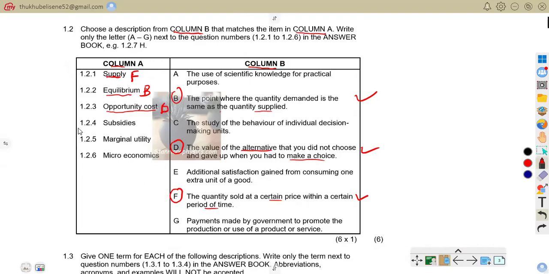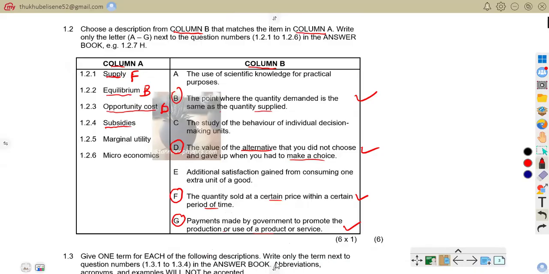Let us be on to 1.24, where now we are going to talk about subsidies, and check which description matches subsidy. You can see G matches subsidies. It says payments made by government to promote the production or use of a product or service.